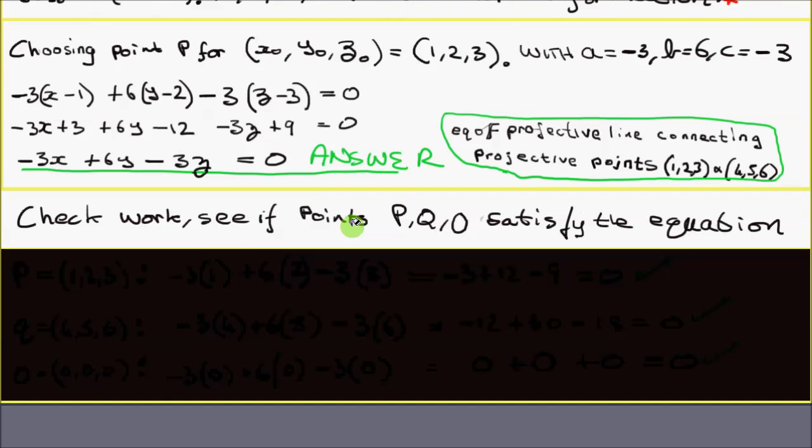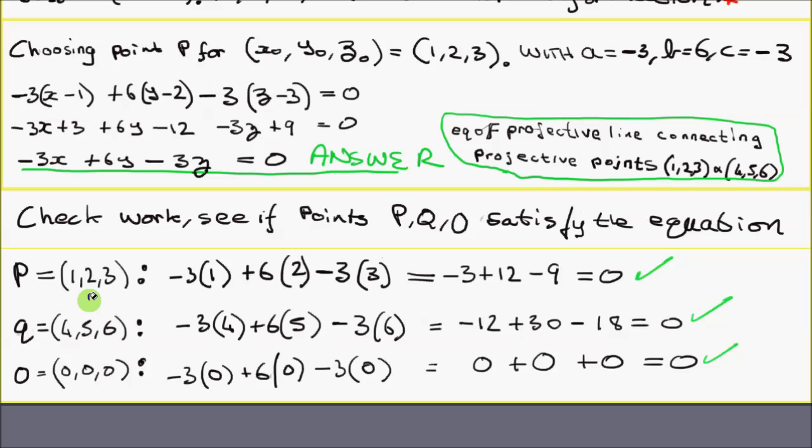Now I'm just going to check my work to see if those points P, Q, O actually satisfy the equation, so that we haven't made a mistake along the way. Plugging in the point P with coordinates 1, 2, 3 into the above equation, a bit of plug and chug, and I end up with 0.